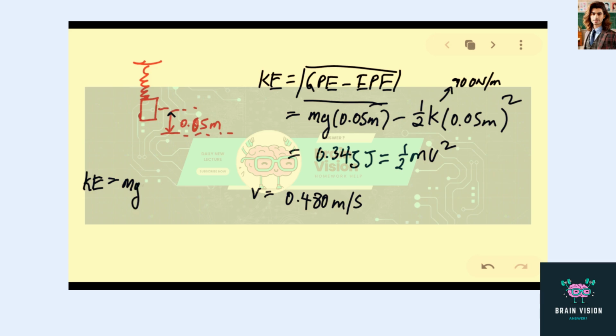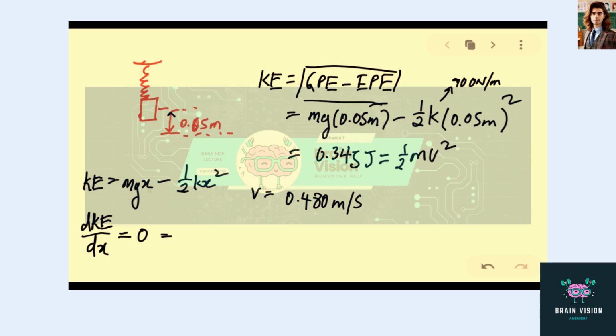So this is mgx minus half kx squared. Now we don't know where x will give us a maximum kinetic energy. So all we need to do is to differentiate kinetic energy with respect to x, and we equate this to 0 to find where the kinetic energy will be a maximum for the value of x.